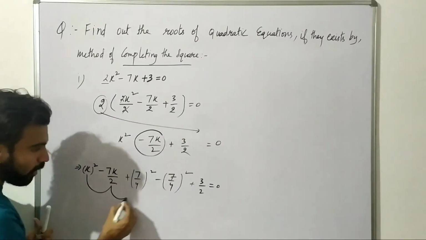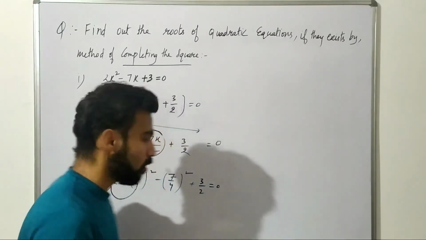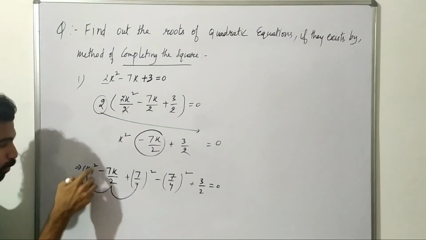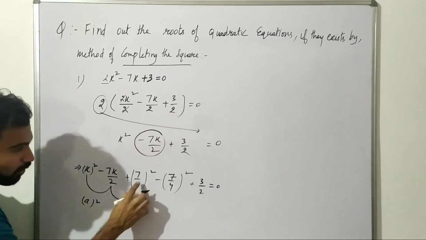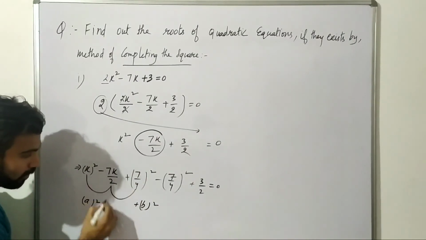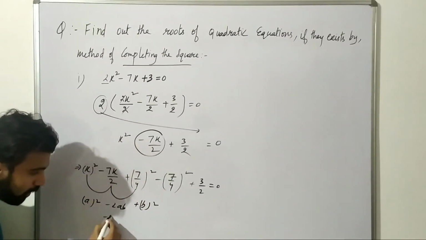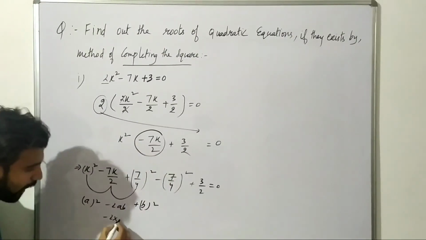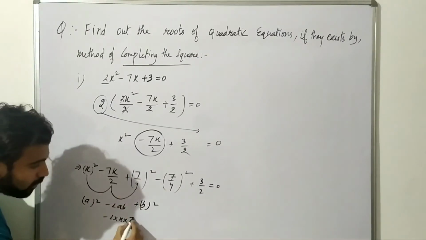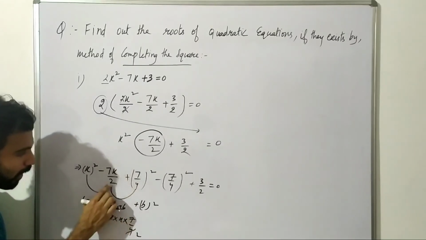Now these three terms are actually the structure of a minus b whole square. But how? You can see this is simply a square. So let me write that. Further it is b square, and this middle term is actually minus 2ab. Now you will say how this term is minus 2ab. You can see if I place a as simply x and b as 7 by 4, and solve this, that will bring me 7x by 2, that is the middle term.